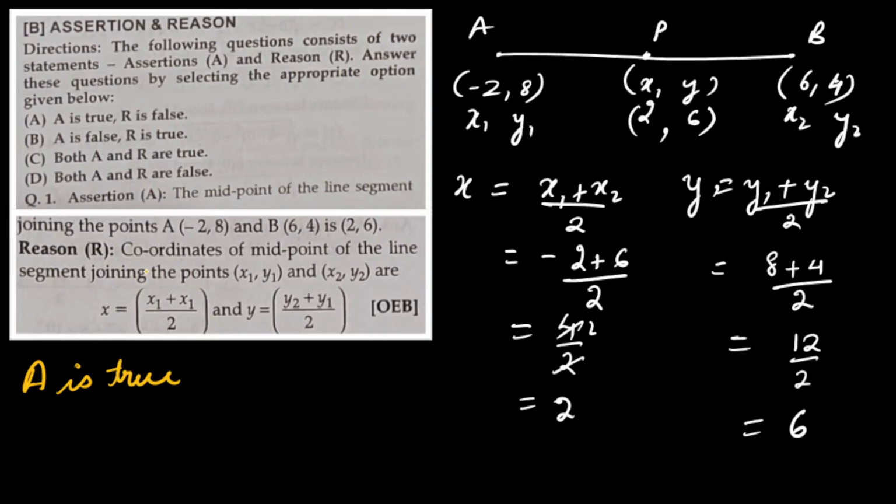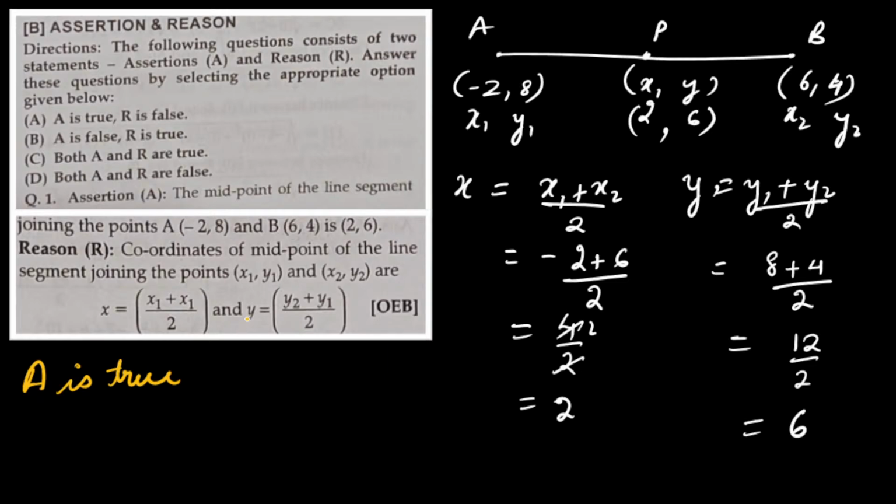Now let's see the reason. The coordinates of the midpoint of the line segment joining the points (x1, y1) and (x2, y2) are x is equal to (x1 plus x1) by 2 and y is equal to (y2 plus y1) by 2. So is it true?